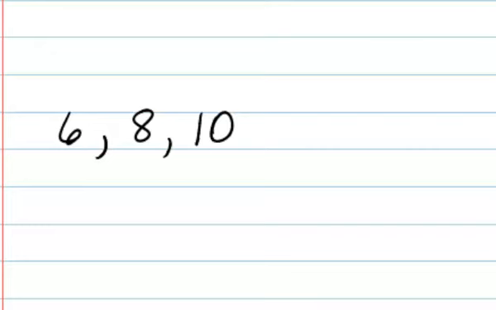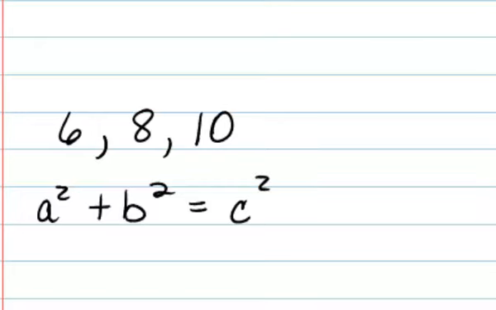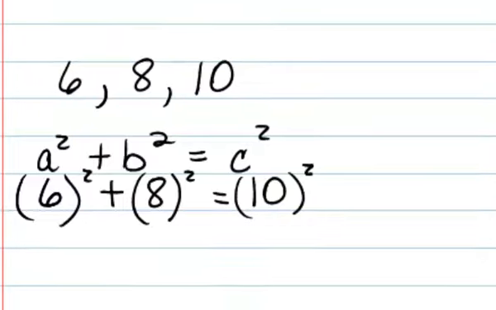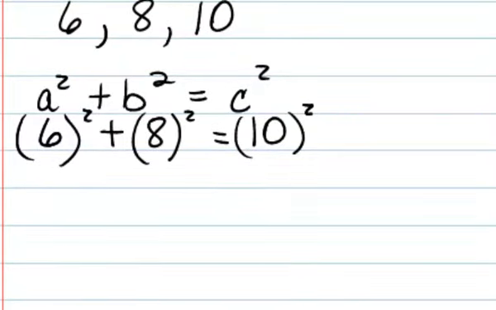If it is a Pythagorean triple, then A squared plus B squared should equal C squared. If we have this, A squared would have to be one of the smaller ones. We'll use 6. B squared would have to be another one of the smaller ones. And C squared would have to be the longest side since C represents the hypotenuse.